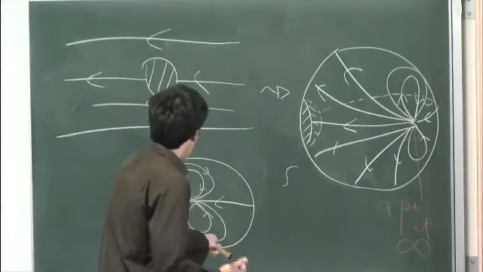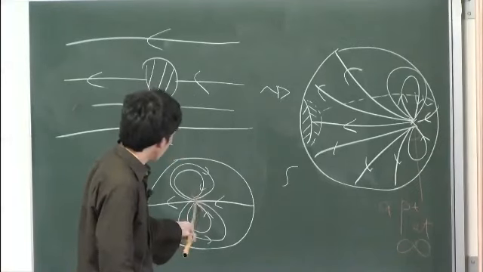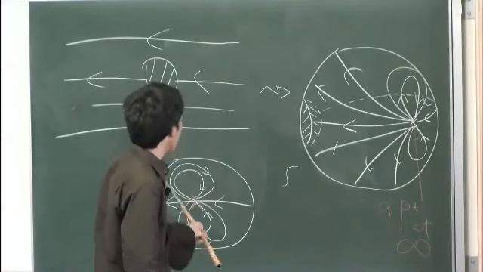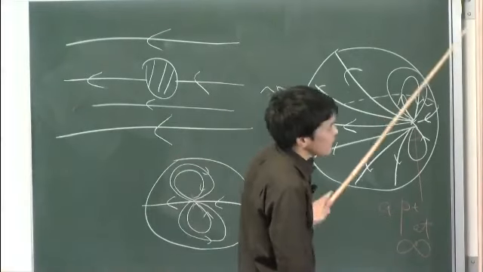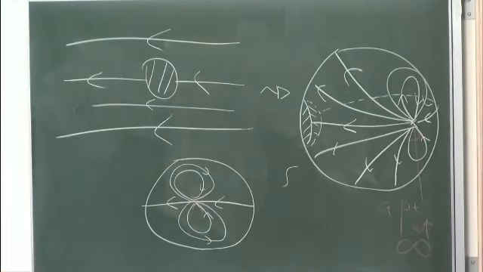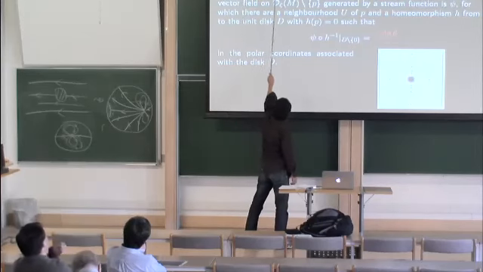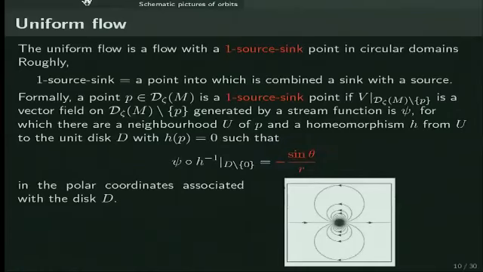Therefore, a source point can be considered the point at infinity. So a uniform flow is a flow with one sink-source. This is the reason.